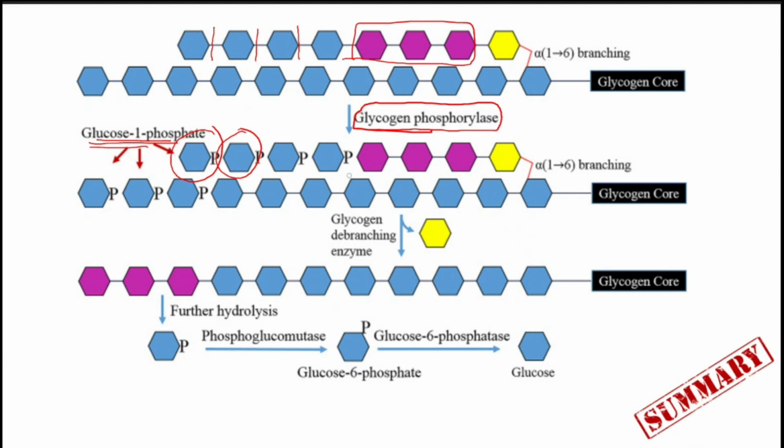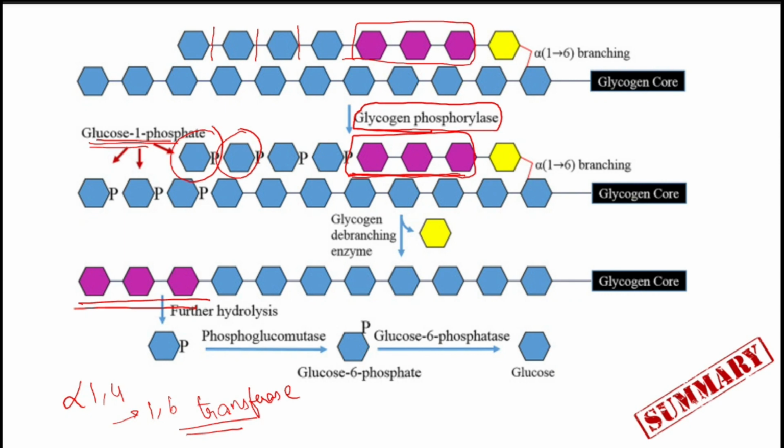Once it reaches 3 units away from the branch point, the trisaccharide unit is transferred to the straight chain with the help of alpha 1,4 to 1,6 glucan transferase. The branch point is then free, and the glycogen debranching enzyme removes the branch point glucose in the form of free glucose.